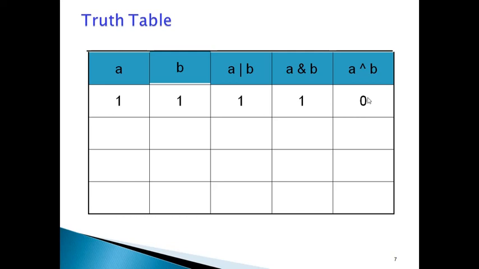Then the third column is the OR operation, A or B. The fourth column indicates the AND operation, A and B. The fifth column is A cap B, A exclusive OR B. Observe this truth table.